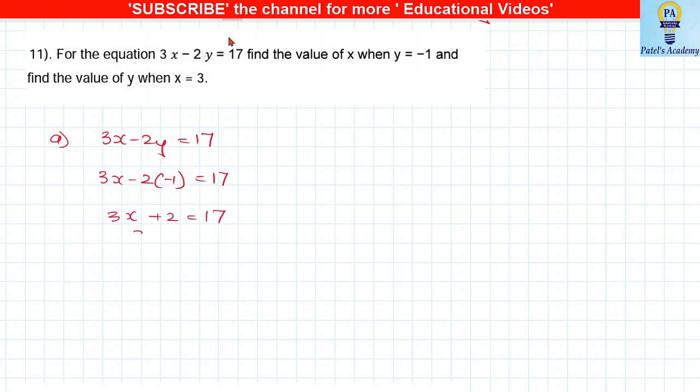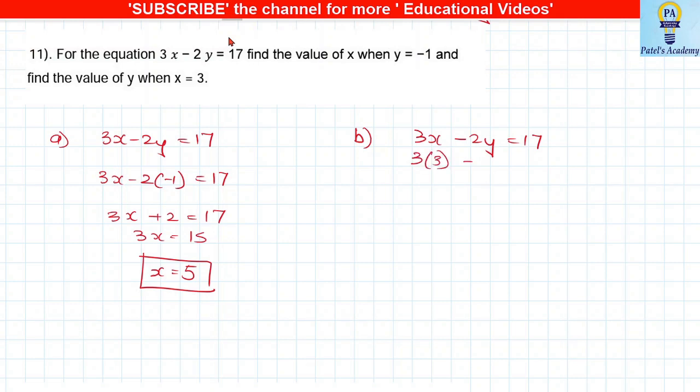After I shift, 15, x equals 5. Okay, that is the first thing. Now again the equation 3x minus 2y equals 17. Now here you have to substitute the value of x as 3. That is 9 minus 2y equals 17.